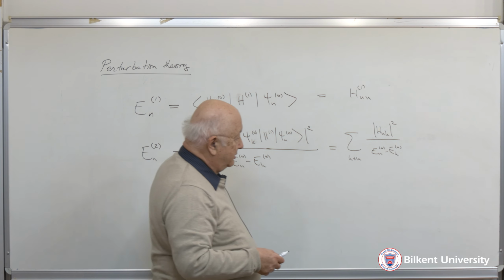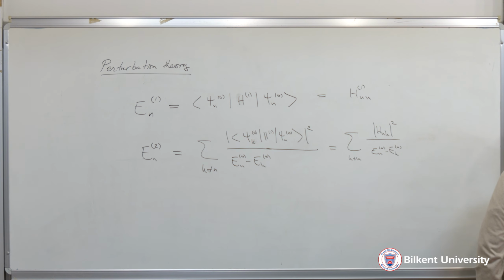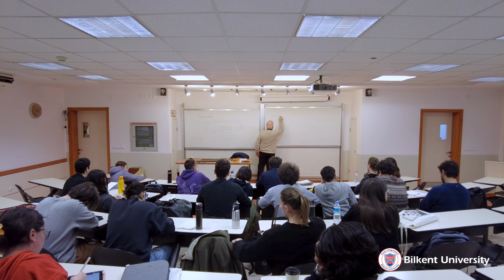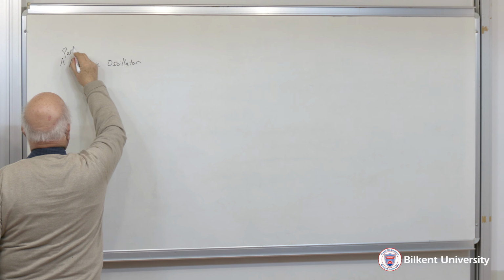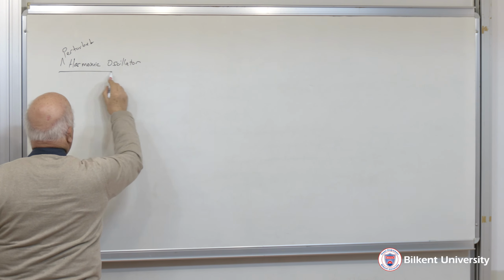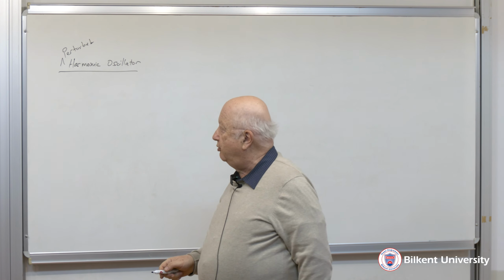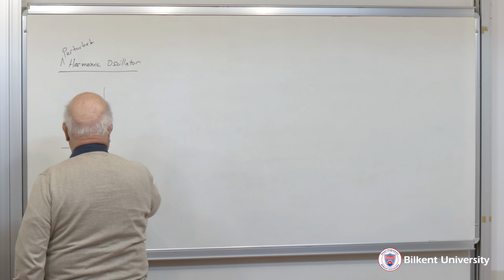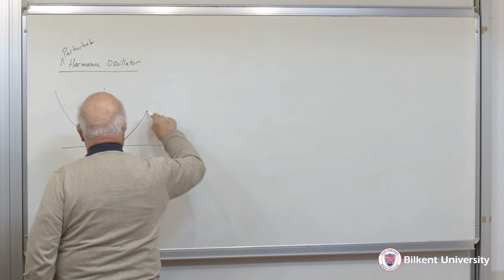And the basic example that I'll work on is the harmonic oscillator, because it's easier. So it's the perturbed harmonic oscillator. We have our system, the unperturbed Hamiltonian, which looks something like this.